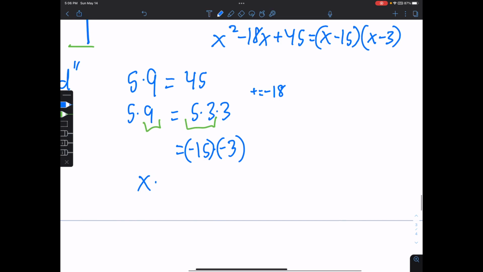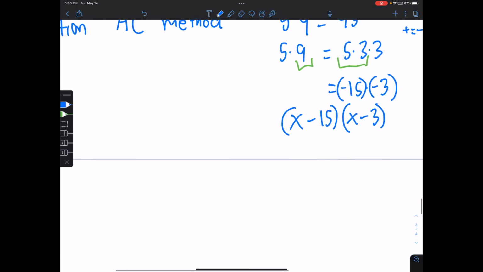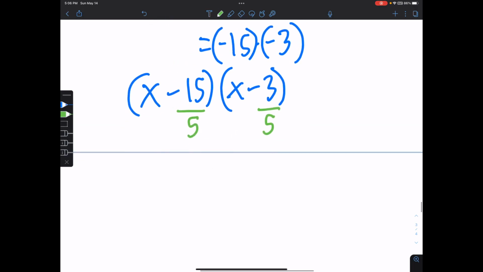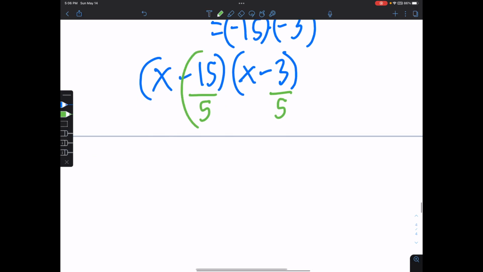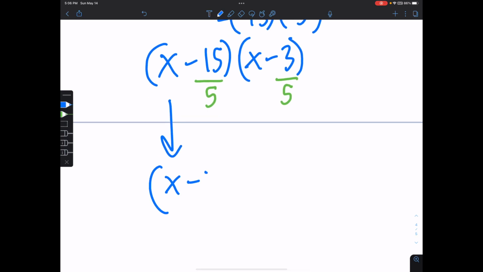But we first write this, and then we look at our a value. Our a value is 5, and we put it under each of our values here. For this one, you know that it cleanly divides, so this becomes x minus 3.